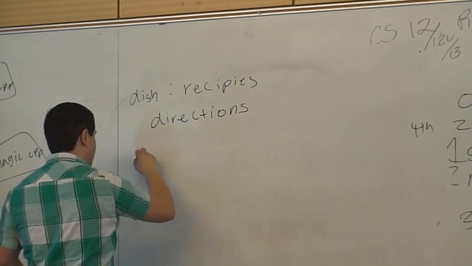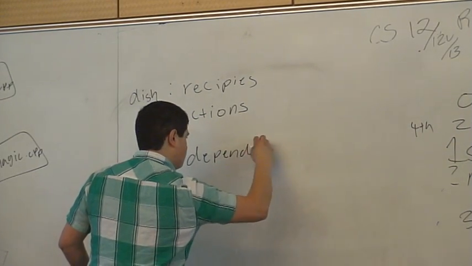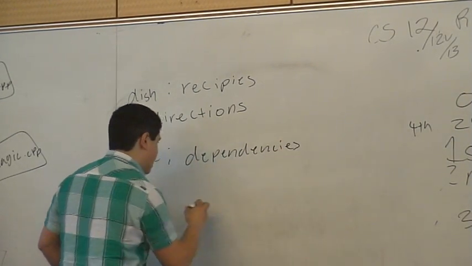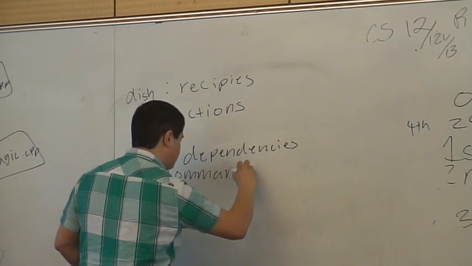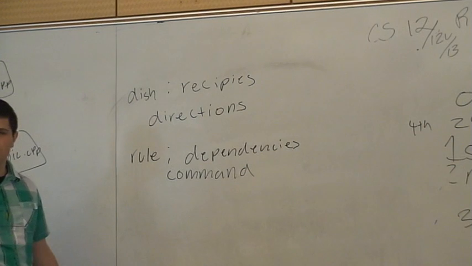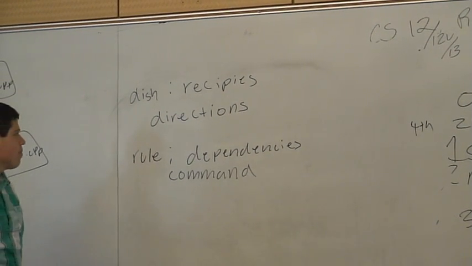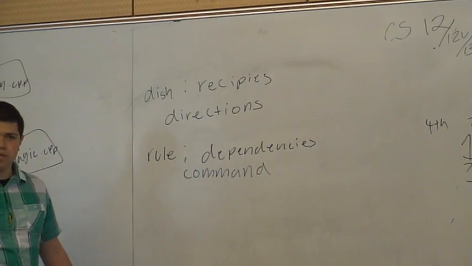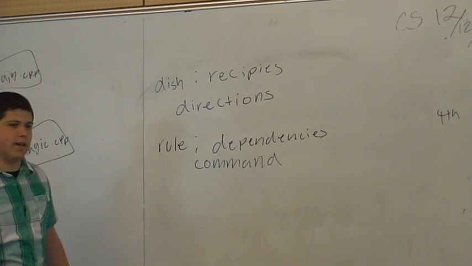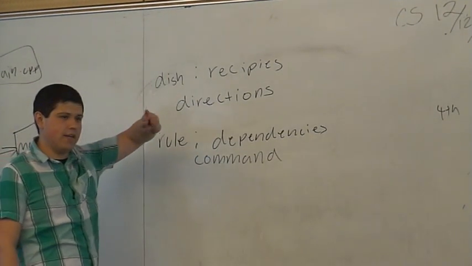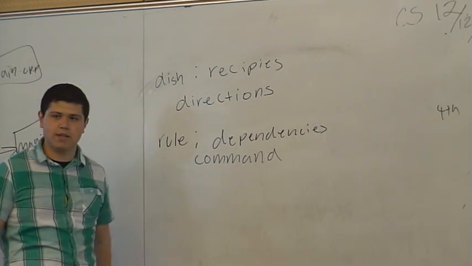But in reality, these are a rule followed by dependencies, and then the commands to make the rule. So any questions? Basically, all makefiles look like this. Right, this looks familiar, I hope. So I just like using that analogy. I want to make a certain dish, I need a few recipes to make that dish, and then I follow some directions.